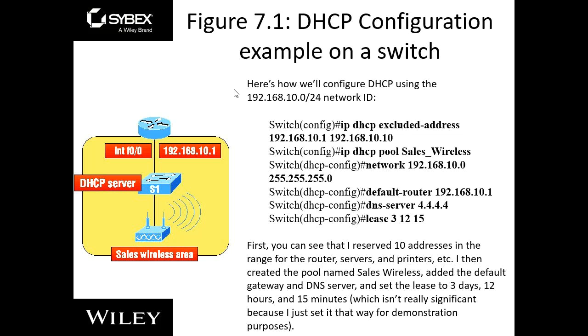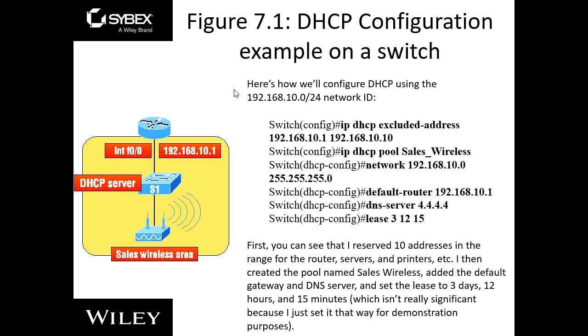Next, we go on to define the pool. Use the command ip dhcp pool and then sales_wireless. From here, we have to define the network ID as well as the subnet mask for that network ID. And if you recall, up above we said /24, so that's equivalent in dotted decimal format to 255.255.255.0.